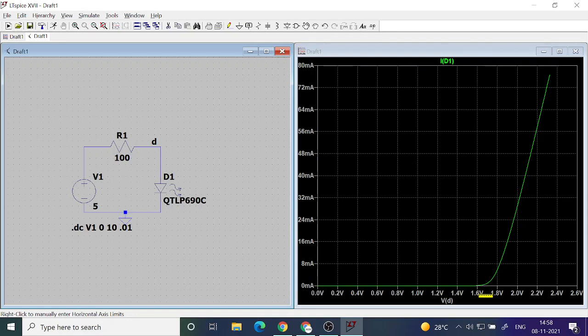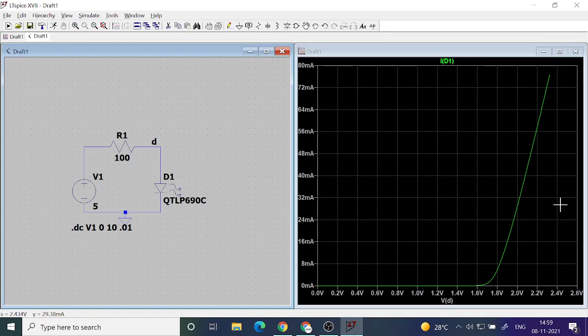Yes, so you see here, the voltage drop across the LED is 1.6 volt, then it increased to 1.8, 2 volt, etc. What we have given is a maximum of 10 volt, but here it is going only up to 2.3 volt as per this graph.